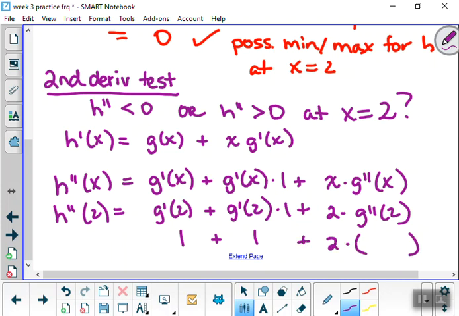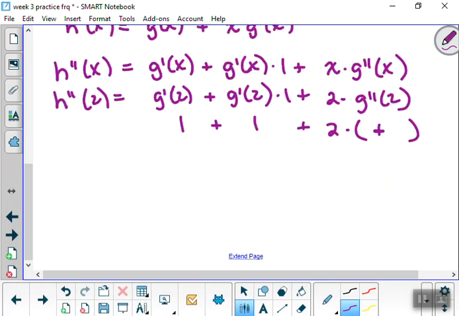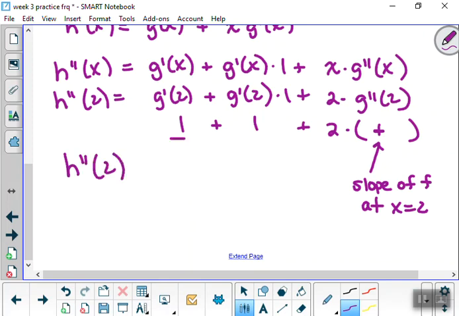And g double prime at 2, I can calculate the value if I want, or I could just say I know that it's positive. G double prime of 2 is the slope of f at x equals 2. So I know this is a 1 and this is 1, and that's a positive, and this is 2 times a positive, that h double prime of 2 is going to be bigger than 0.